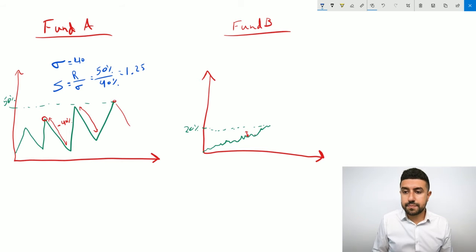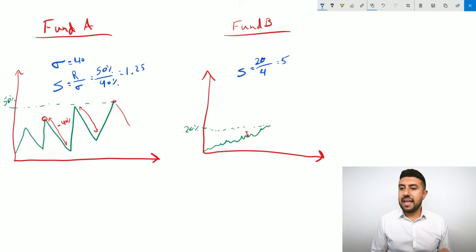Now this one, imagine the return was 20%, divided by the standard deviation. Maybe the standard deviation here is only 4. So 20 divided by 4, that gives us 5, a Sharpe ratio of 5.